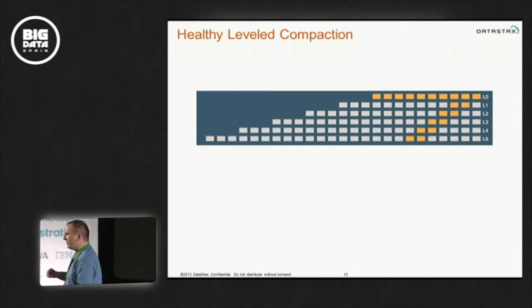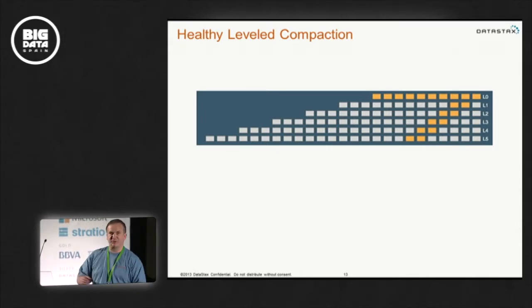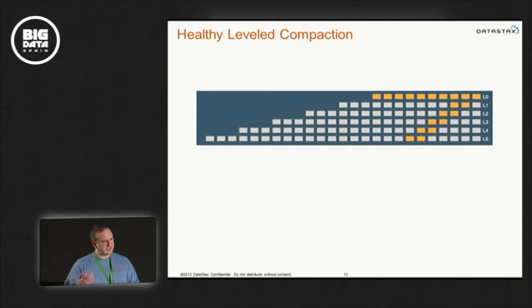Size tiered is very good for writes, but it can lead to a significant number of reads if my data's spread out. So we came up with something called leveled compaction. Leveled compaction works by you write your data to level 0.